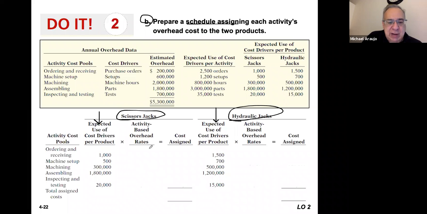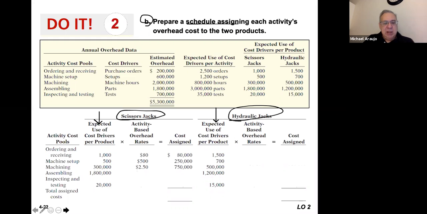You just calculated the activity-based costs earlier, right? That's what we were doing. And so $80 for every order, $500 for every machine setup, $2.50 for every hour the machines are running, 60 cents for every part, and $20 for every test. So the scissor jacks are going to cost you these amounts individually.